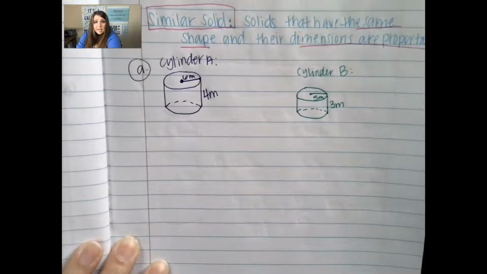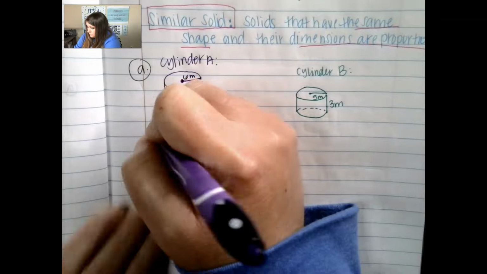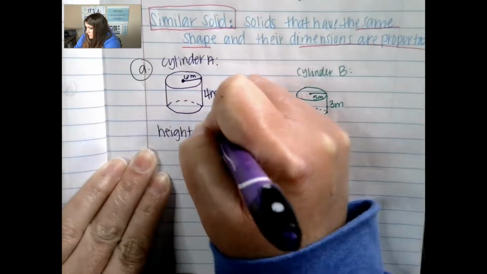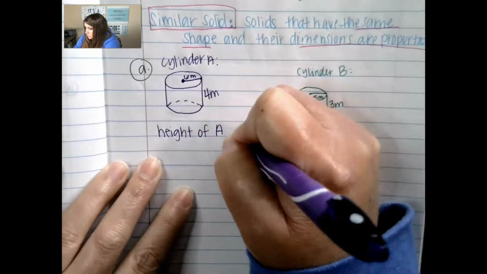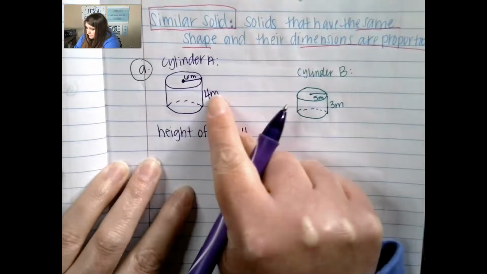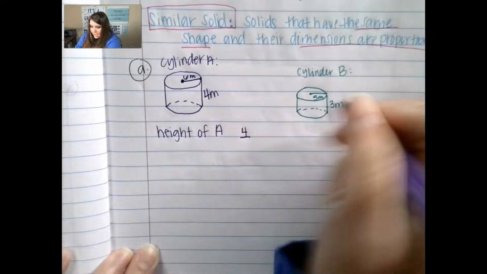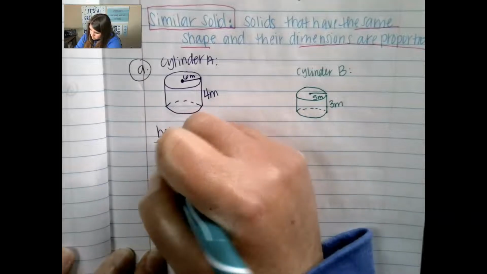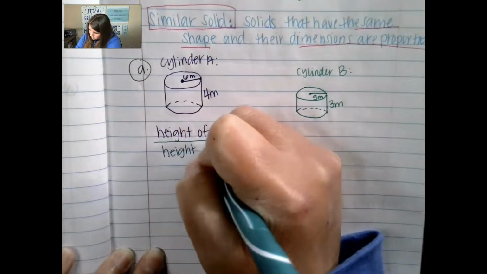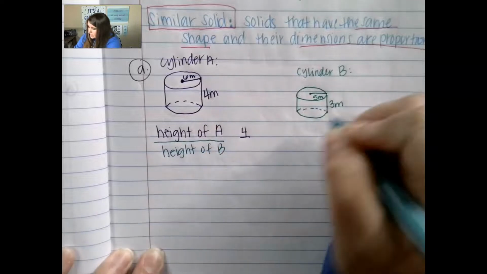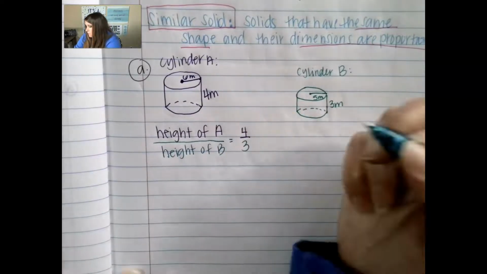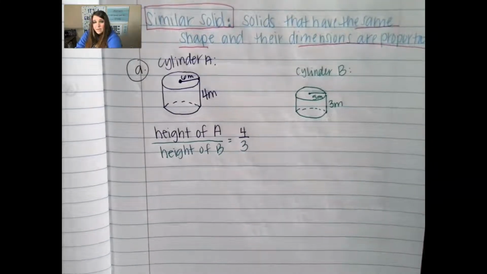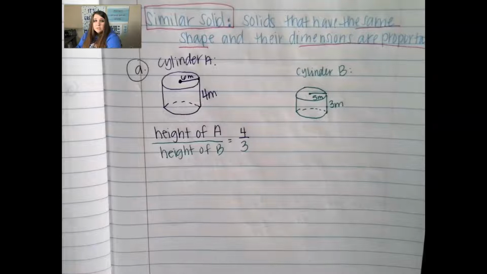So let's look at the height of A. The height of cylinder A is equal to 4. The height of cylinder B is 3. So we have a fraction of 4 over 3. The next dimension that we're going to be looking at is the radius.